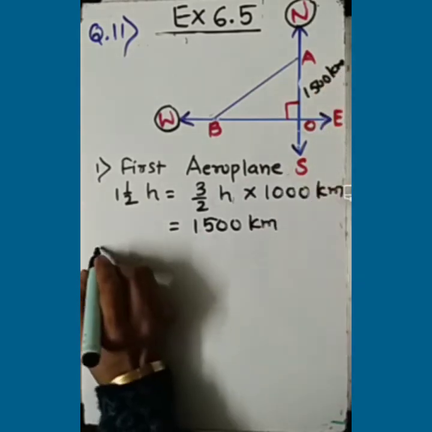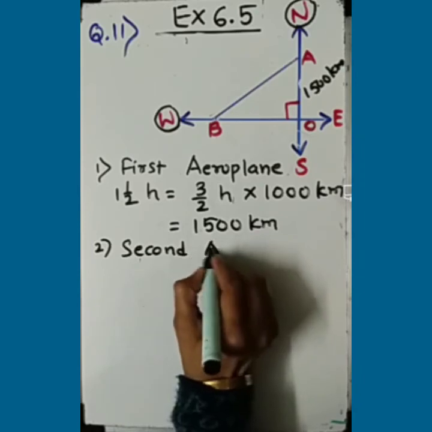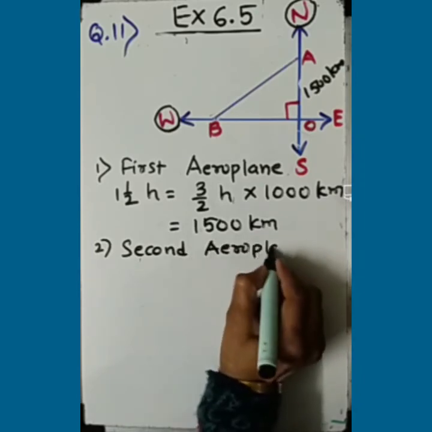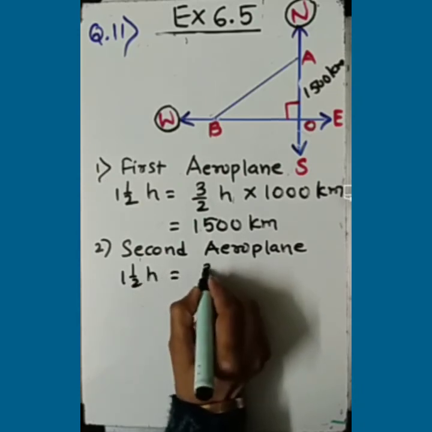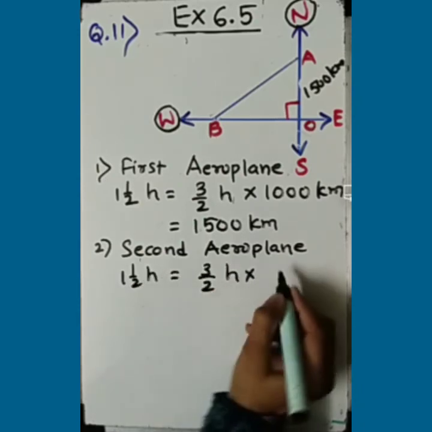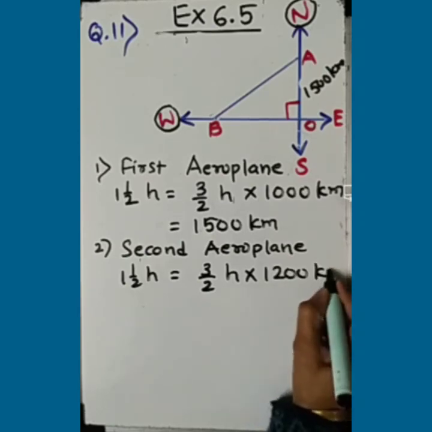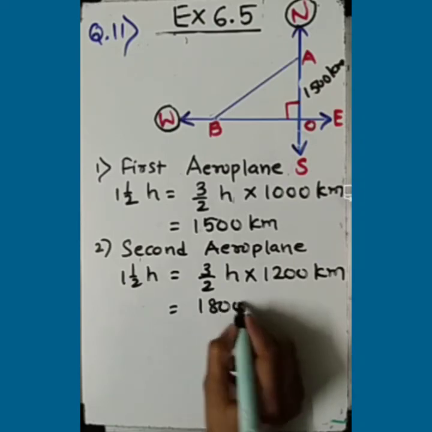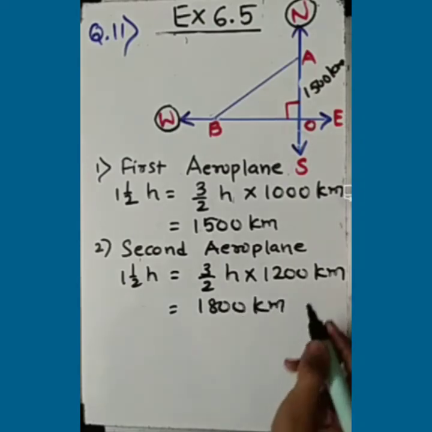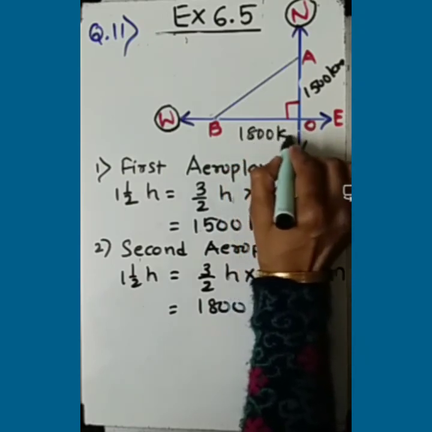Okay. Now for the second aeroplane in 1.5 hour. The time duration remains the same, but here the speed is 1200 km per hour. So let me simplify. It gives the result 1800 km. So this distance will be 1800 km.